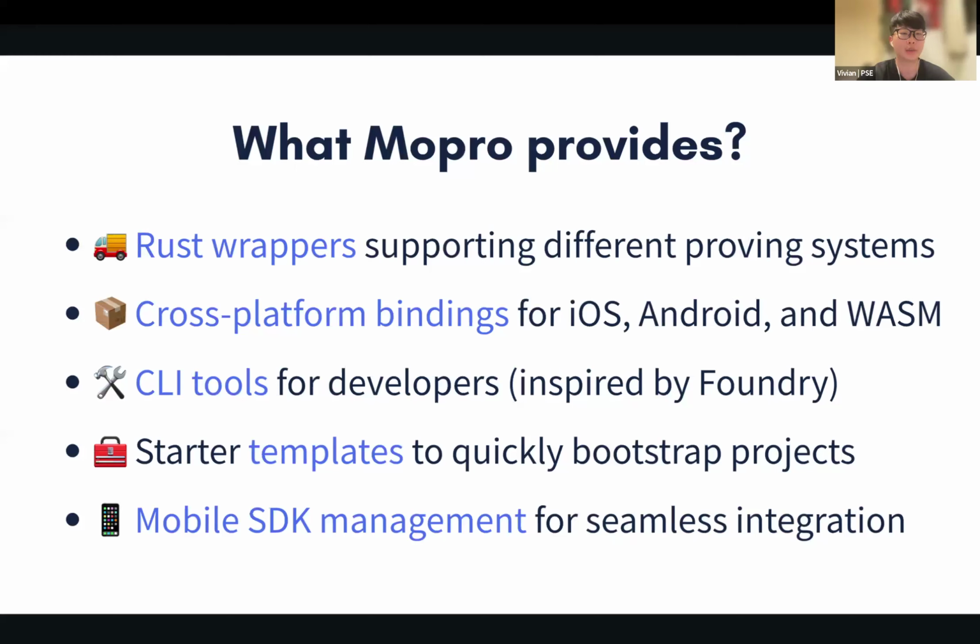So what does MoPro provide? First of all, we provide Rust wrappers for different proving systems. For example, Noir has its backend written in C++, and we can create Rust wrappers for this backend, so you can easily write Rust code to call this proving backend.